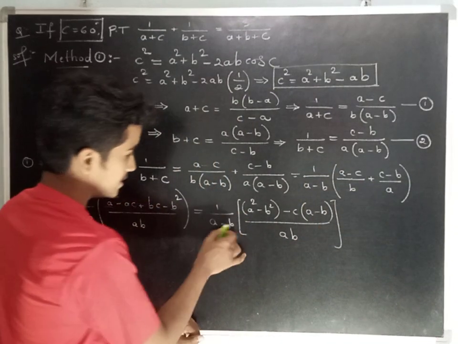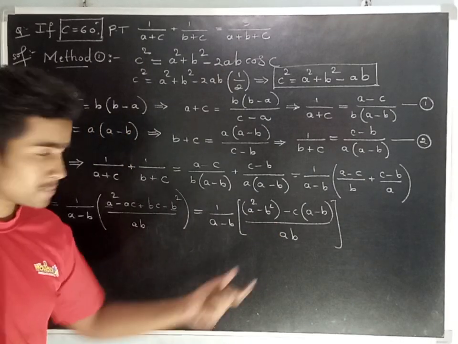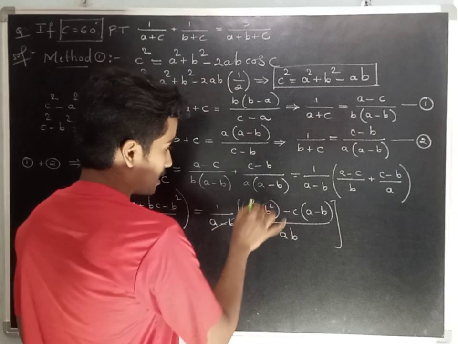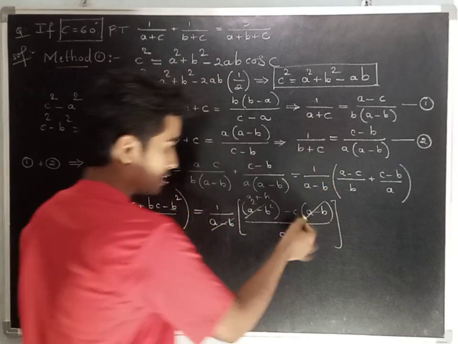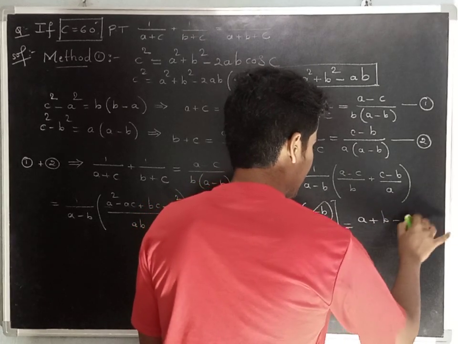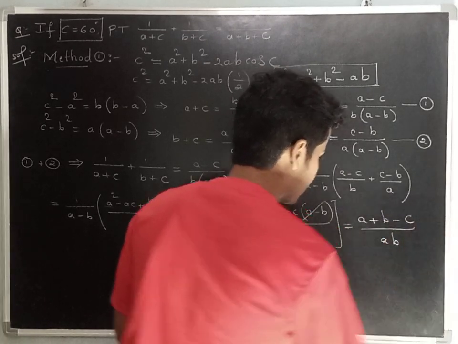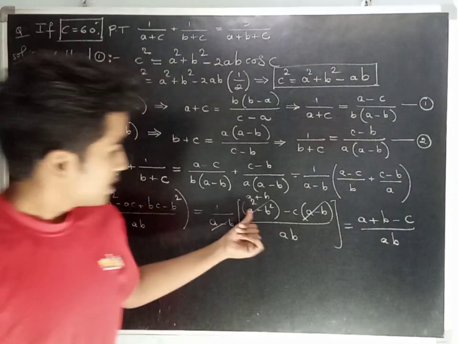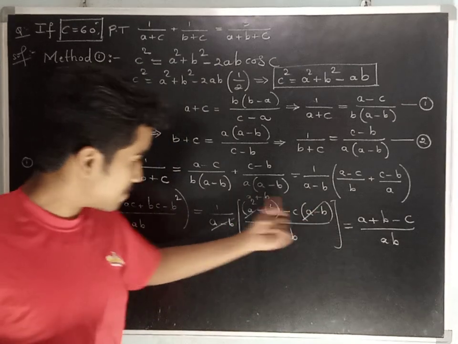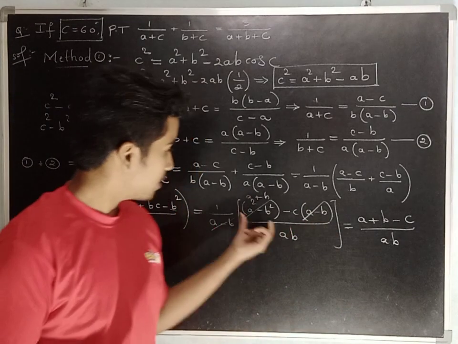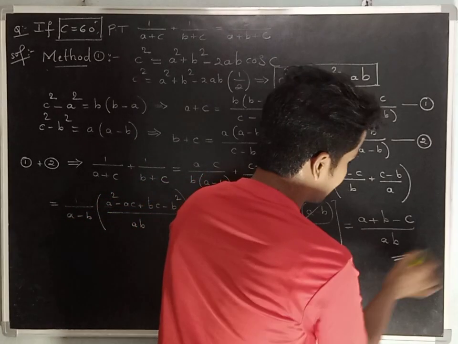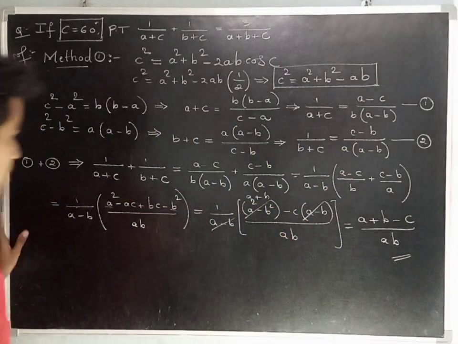A square minus B square can be written as A plus B into A minus B. A minus B gets cancelled, so finally we get A plus B minus C by AB. This is what remains.